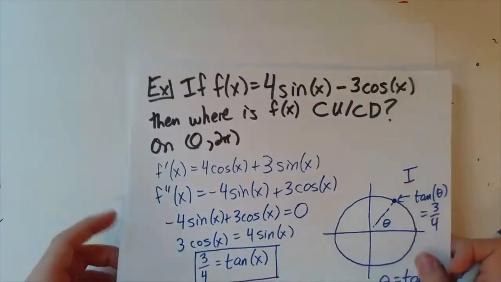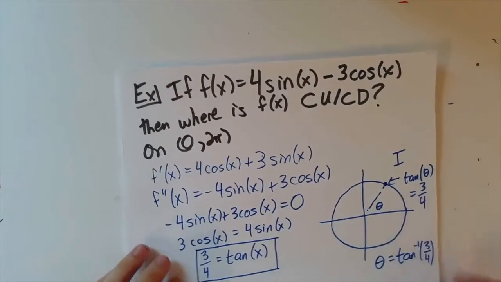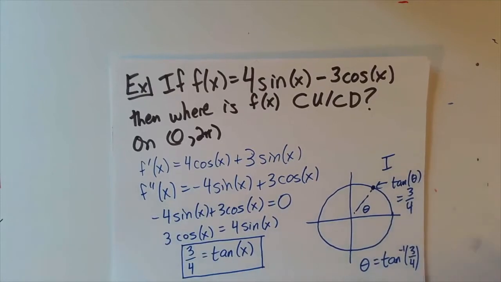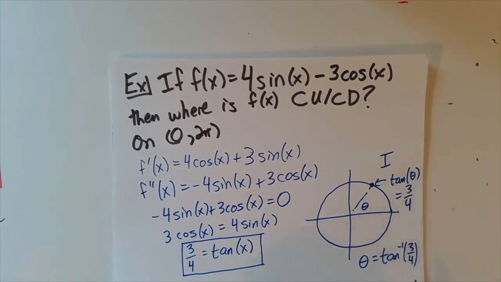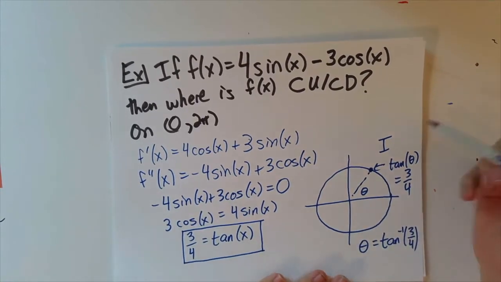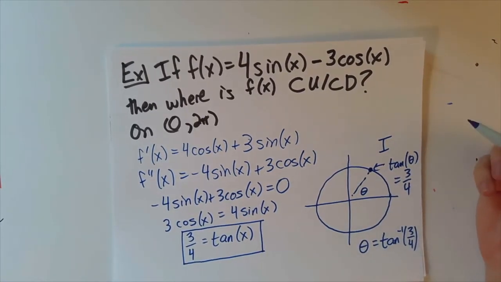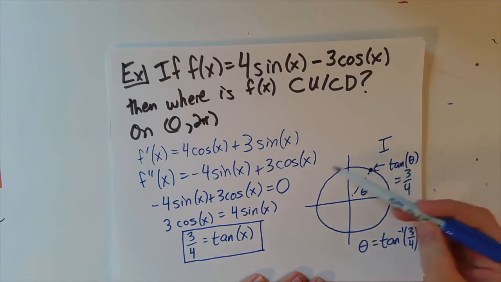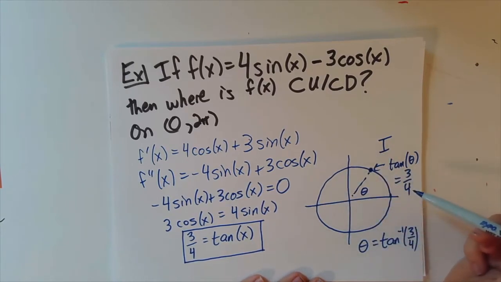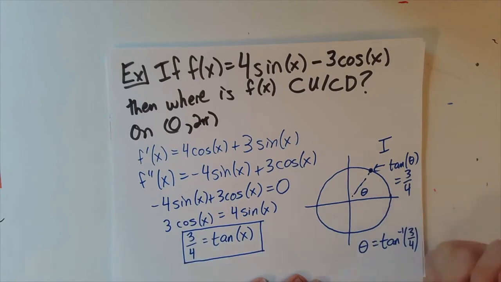Okay. So that is where our second derivative is 0. Now, here's an important thing to remember, which is that the function tangent is actually periodic with period not 2 pi like the other trig functions, which should be all the way around the circle, but it's periodic with period pi.